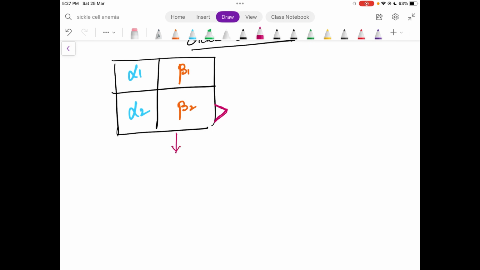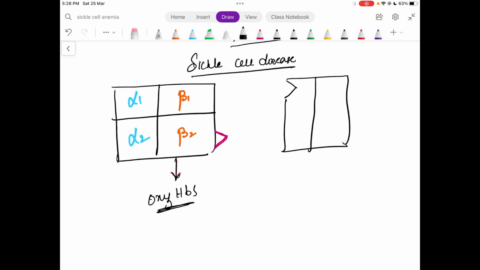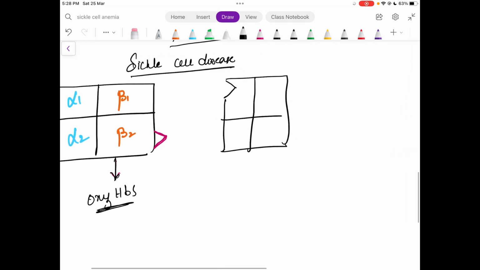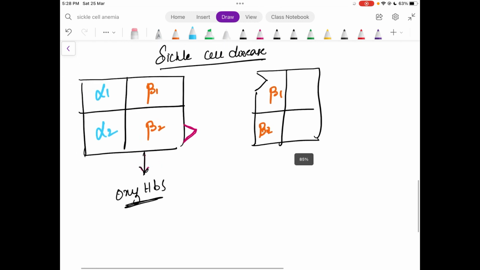This is an oxyhemoglobin, sickle cell hemoglobin, and we have a deoxy structure also. This is beta 1, beta 2. For understanding, I am writing subunits like this. Alpha 1, alpha 2. What will happen?